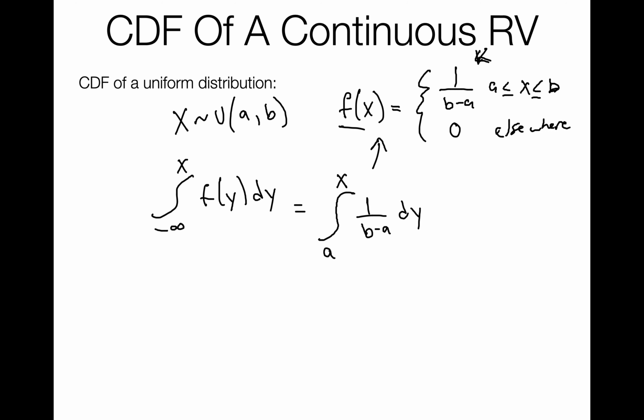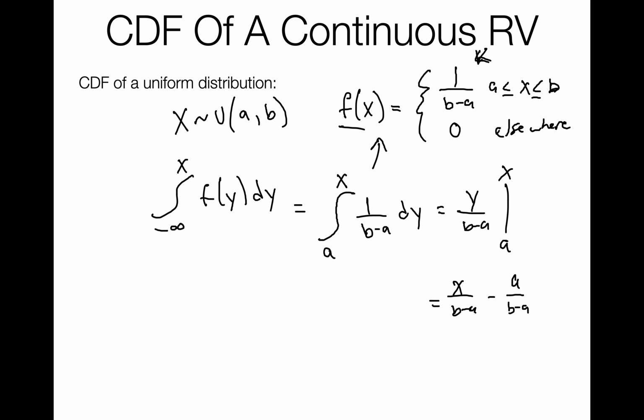So I take the antiderivative. I get y over b minus a evaluated from a to x. And then I get x over b minus a minus a over b minus a.